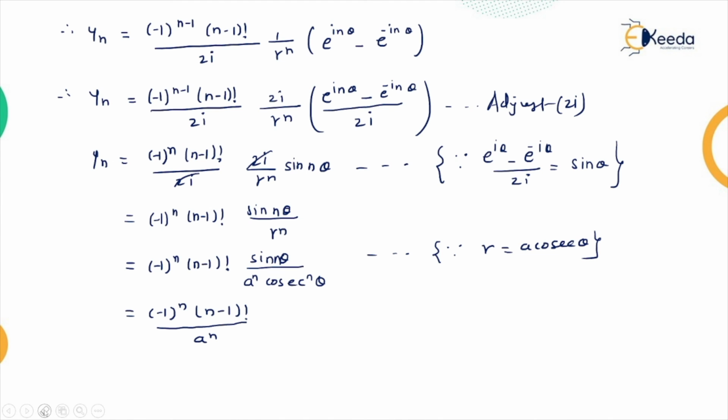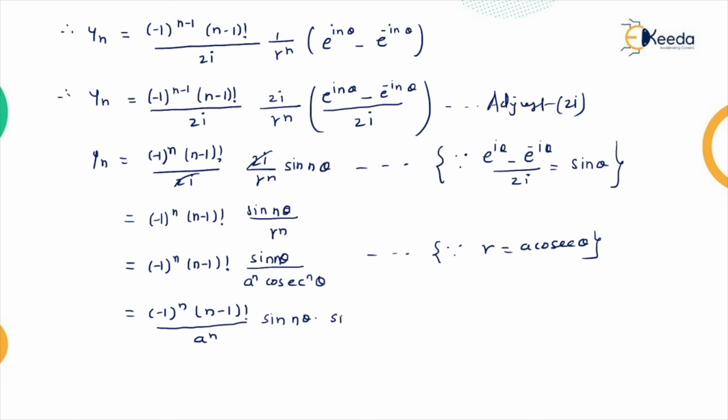This can be written as sine of n theta into sine raised to n theta. Why is this sine to the n? Observe that 1 upon cosec x means again sine.